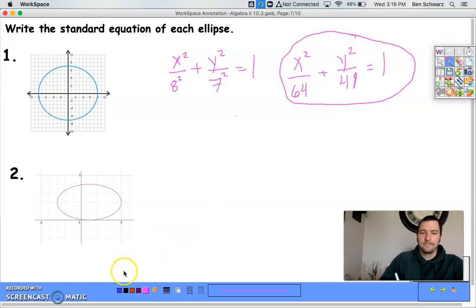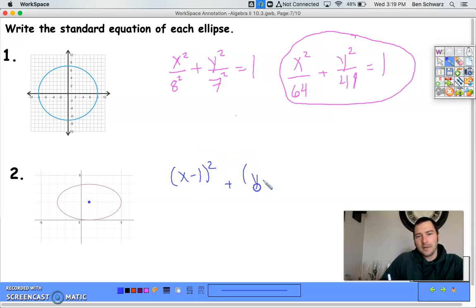Okay, and the next one, again, start with the center. Our center is right here, which is at the point 1, 2. So we're going to have x minus 1 squared on top and y minus 2 squared on top equal to 1.